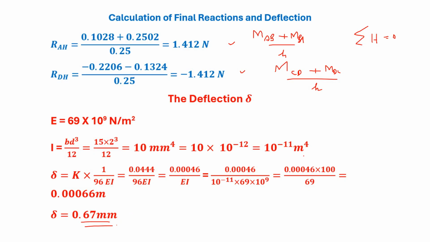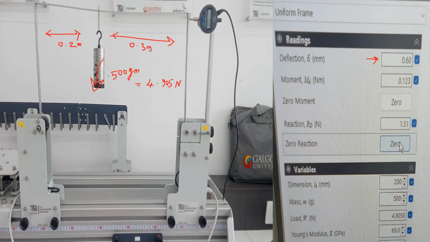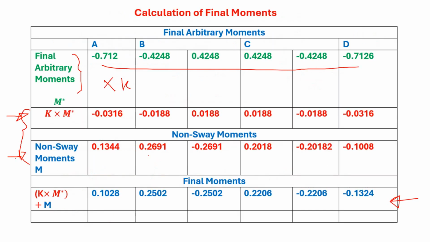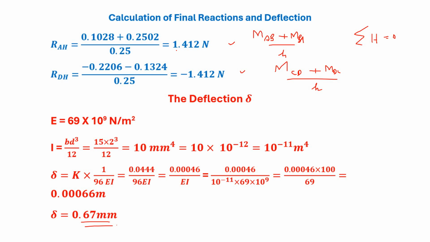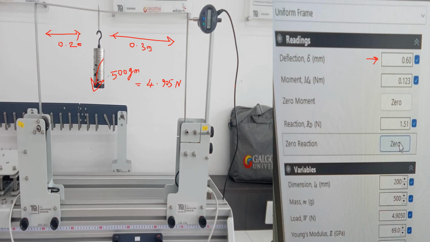Then you can see moment is 0.123 and here moment is 0.1028. Okay, so approximate values are obtained, and the reaction is 1.51, whereas we have got the reaction 1.412. So the machine calculations and the manual calculations are approximate here, and there may be some error with the load cell or with the dial gauge.